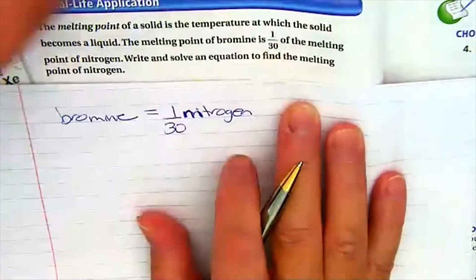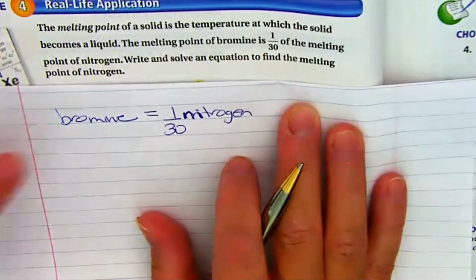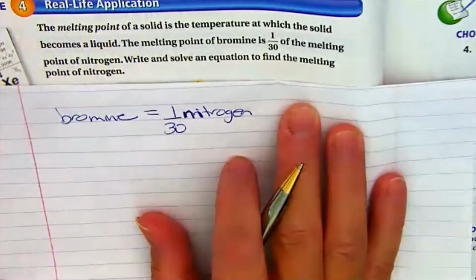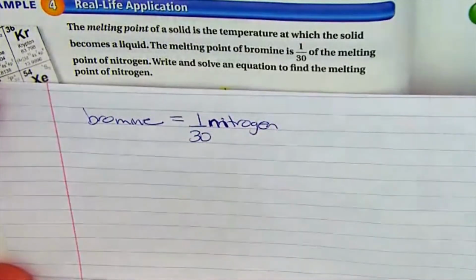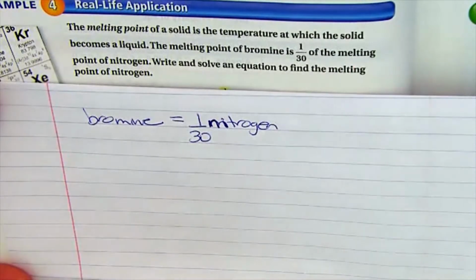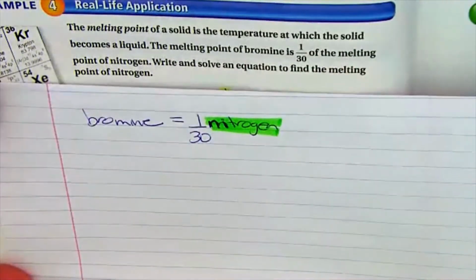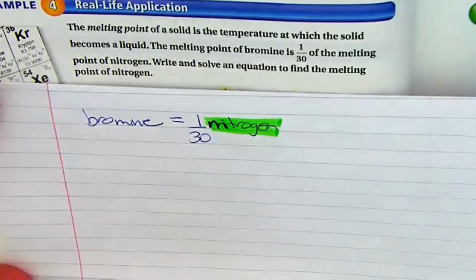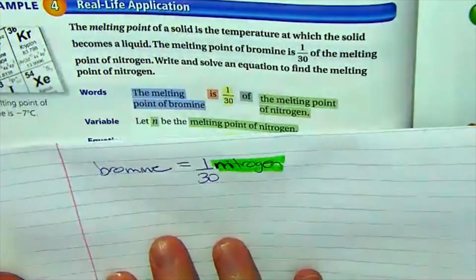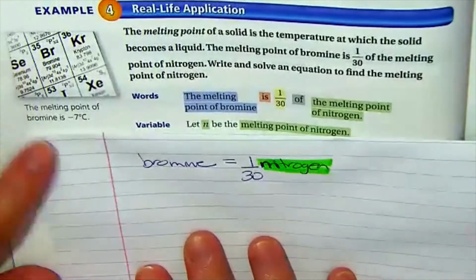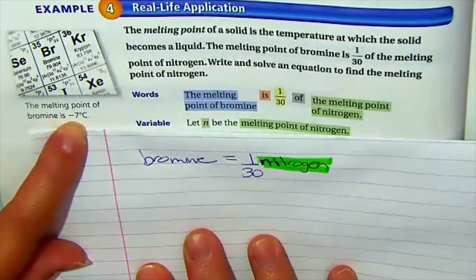So we've taken all of these words and we've simplified it. Okay. Now we need to turn these words into numbers. So we need to write and solve the equation to find the melting point of nitrogen. This is what we're looking for right here. The melting point of nitrogen. Okay, so over here to the right, it says the melting point of bromine is -7 degrees Celsius.